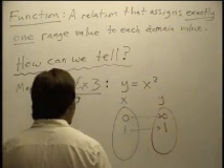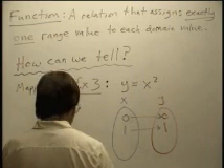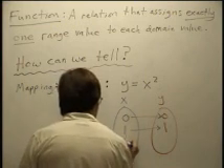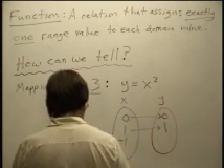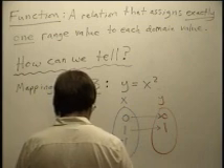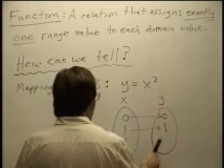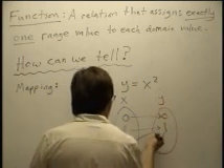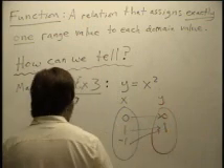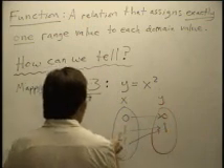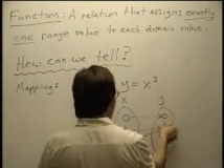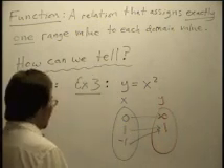However, what if I take -1? -1 squared is also going to be 1. So both 1 and -1 in the domain are paired with 1 in the range.